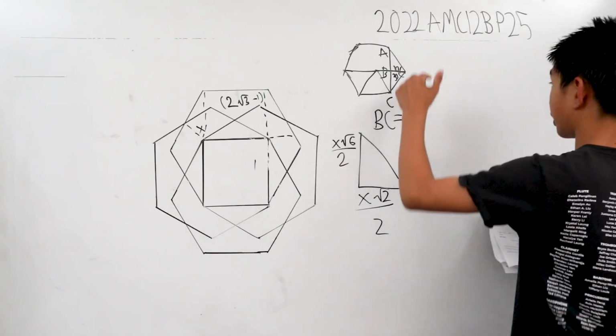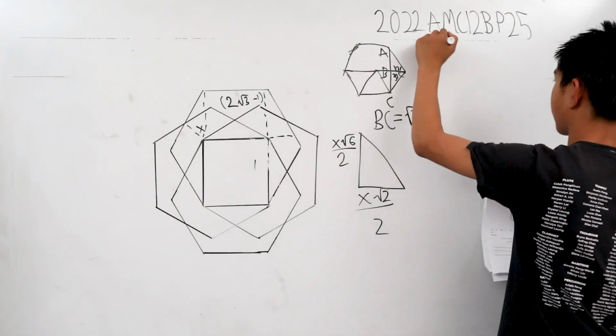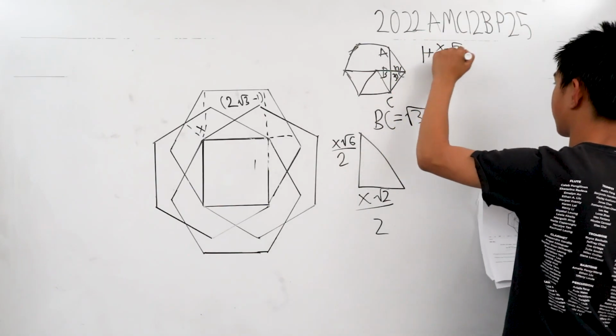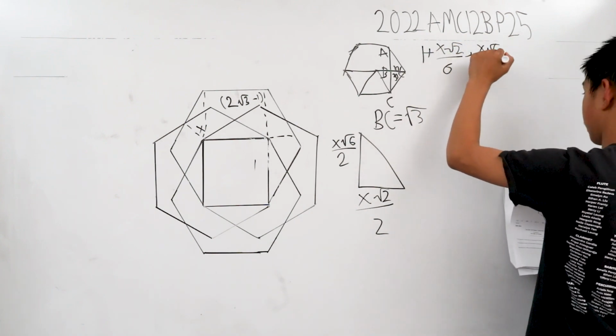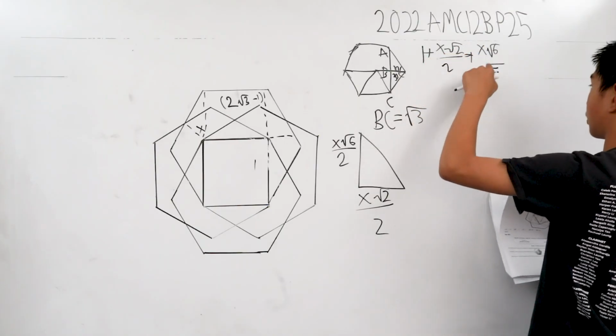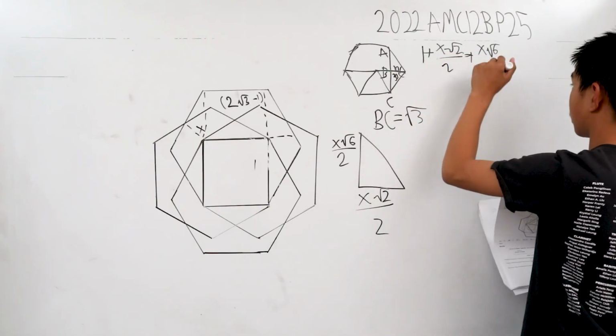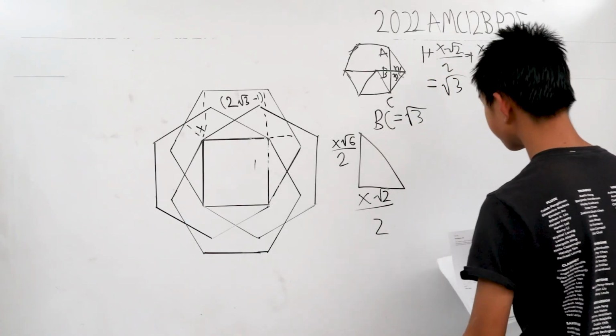So we know that this height is 1 plus x root 2 over 2 plus x root 6 over 2. Oh shoot, this is 2, never mind. That is supposed to equal 2 times the square root of 3.